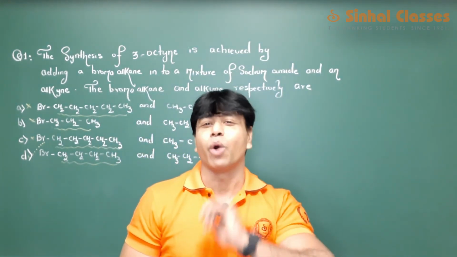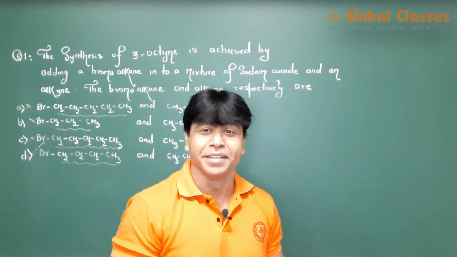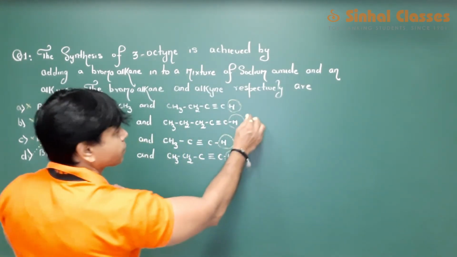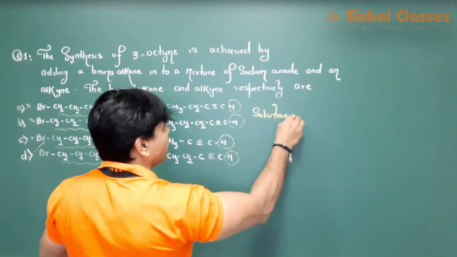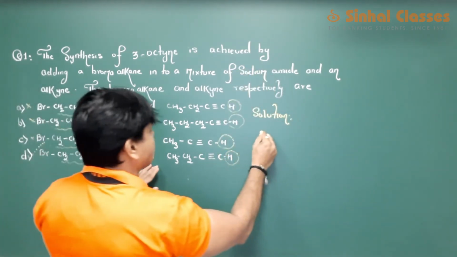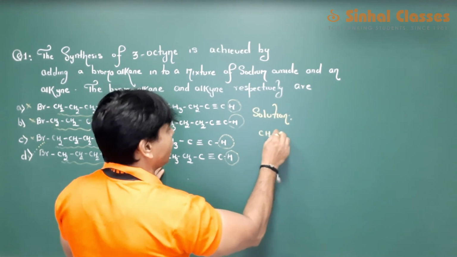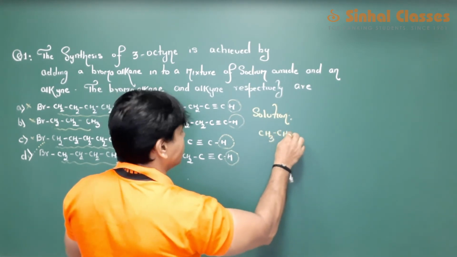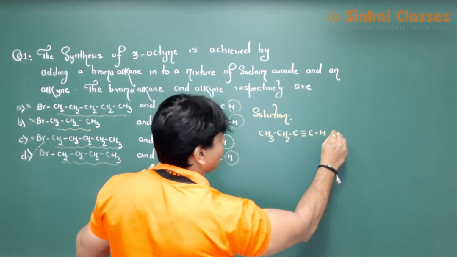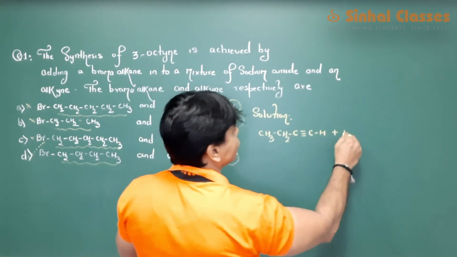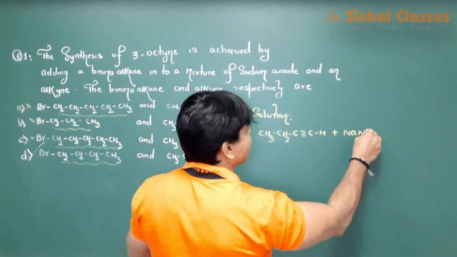Now let's see how we can write the equation and get it. The solution for this will be: first we take the alkyne CH3, CH2, C triple bond CH, and treat it with soda amide, NaNH2.